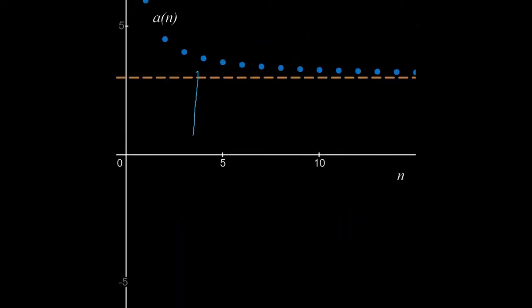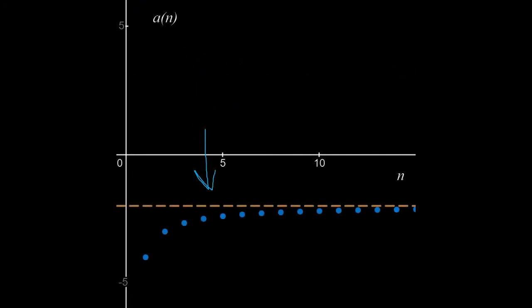Scaling up our sequence by multiplying by positive 3, we get this. By multiplying by minus 2, all of our terms in our sequence are multiplied by minus 2. And notice our limits, which are represented by these dashed horizontal lines, are also scaled by the appropriate values.